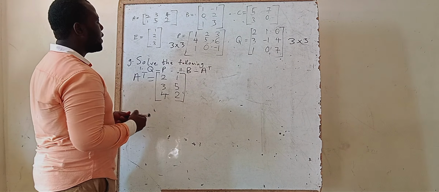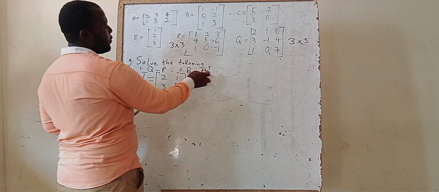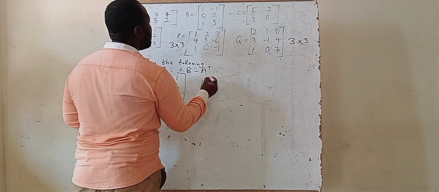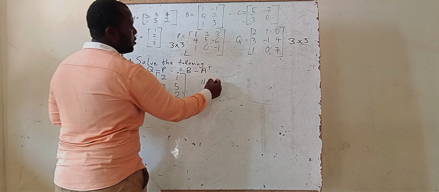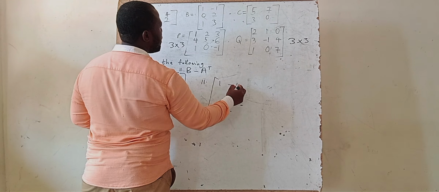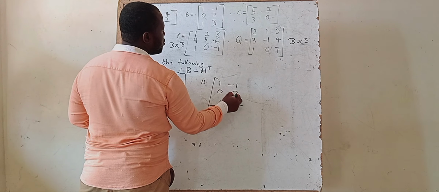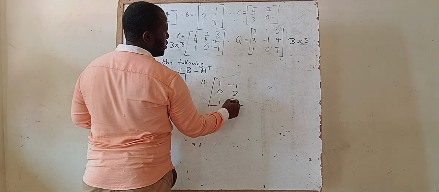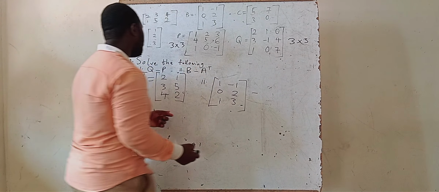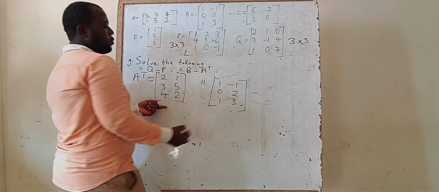Now we have to find B minus A transpose. So what is B? This is B. B has 1, negative 1, 0, 2, 1, 3, minus A transpose. This is A transpose.